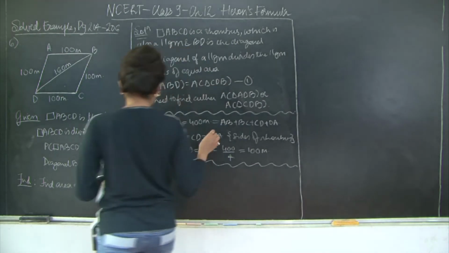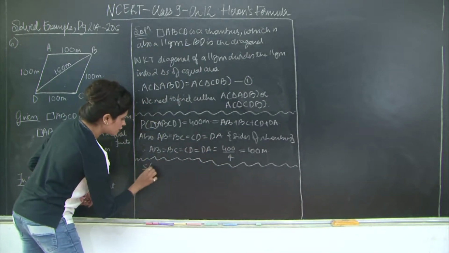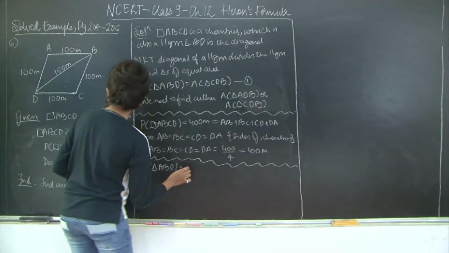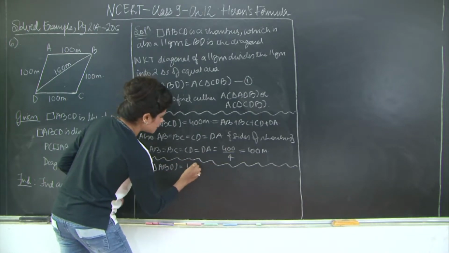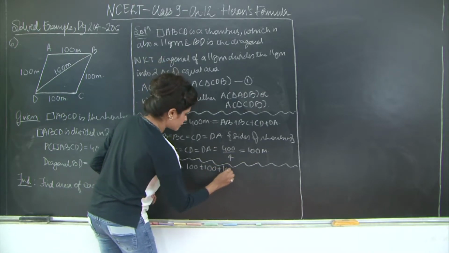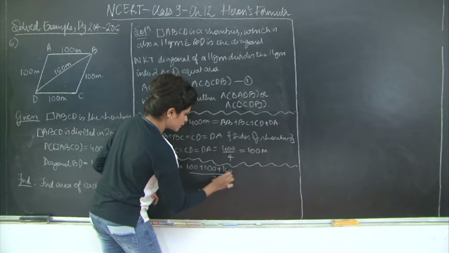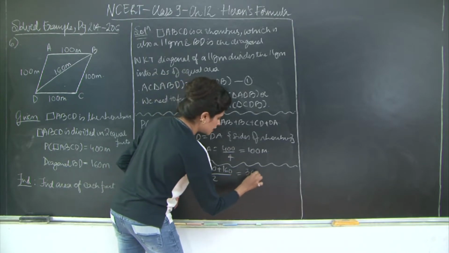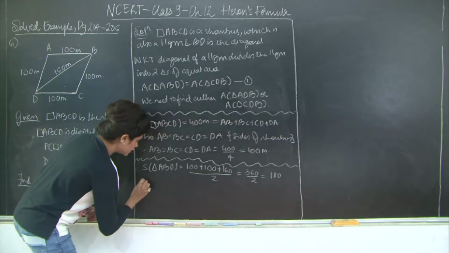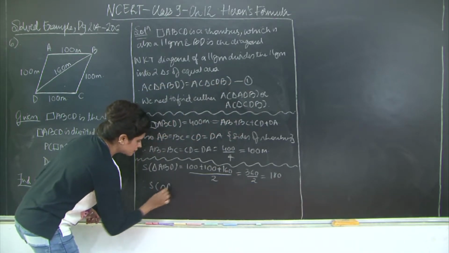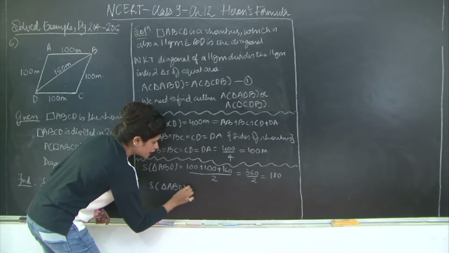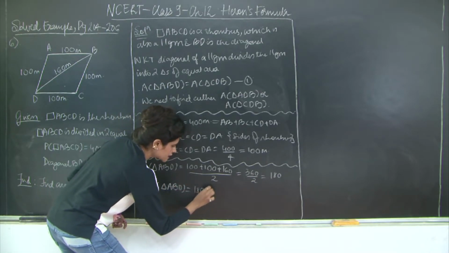So I'll say semi-perimeter of triangle ABD is what? 100 plus 100 plus 160 divided by 2, which is 360 divided by 2, which is 180. Therefore, semi-perimeter of triangle ABD is equal to 180 meters.